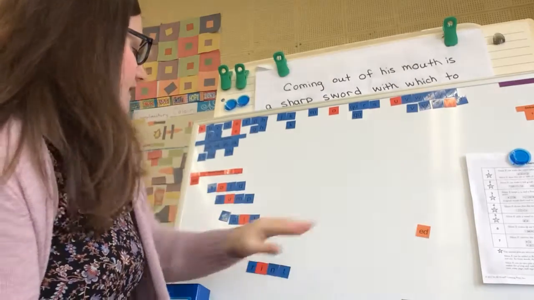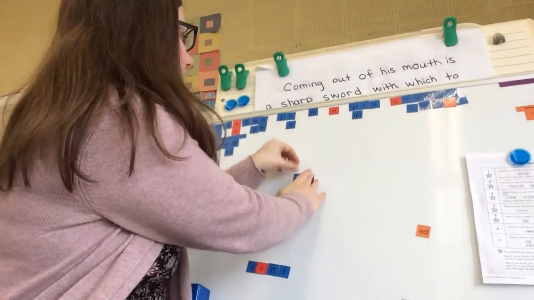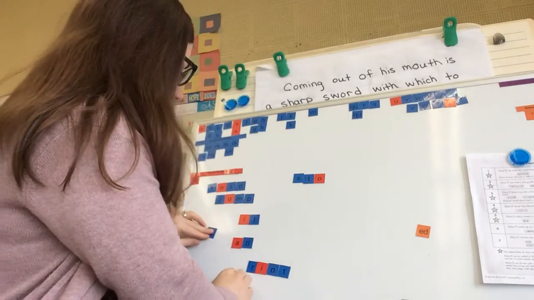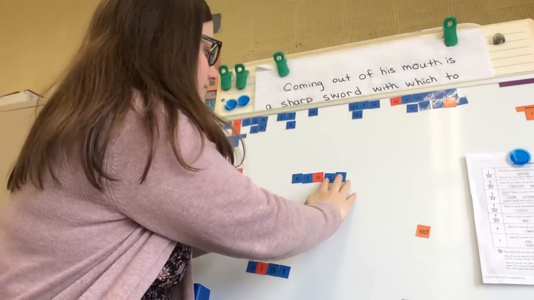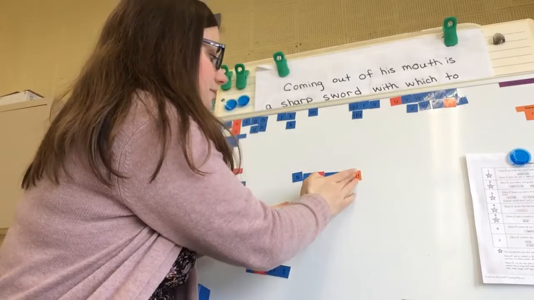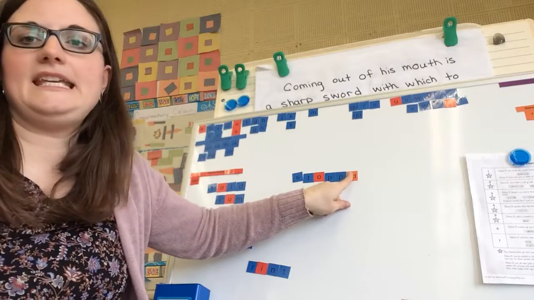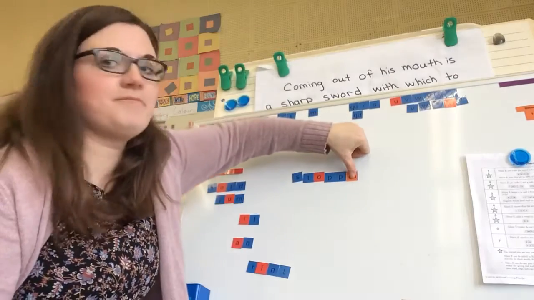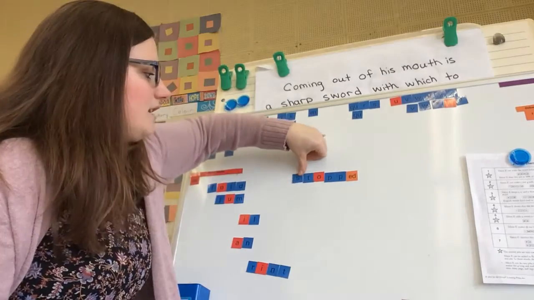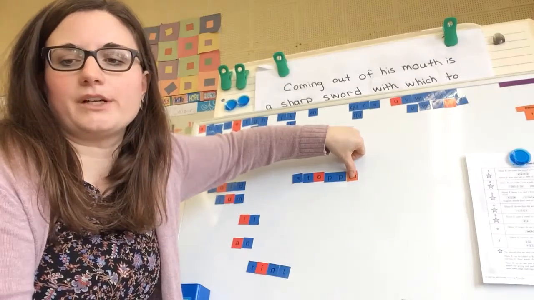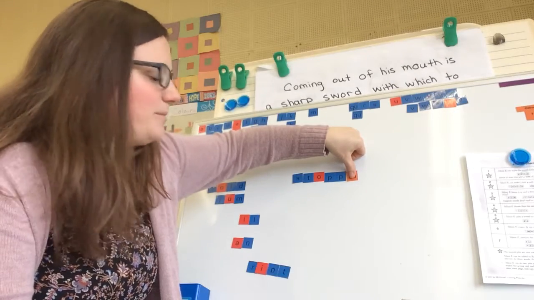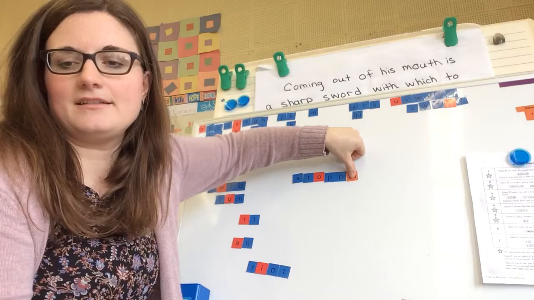Now I'm going to build us another word. Okay, now I'm going to cover up the ED tile with my finger this time, okay? And what do you notice about this word? There are 2 P's at the end.